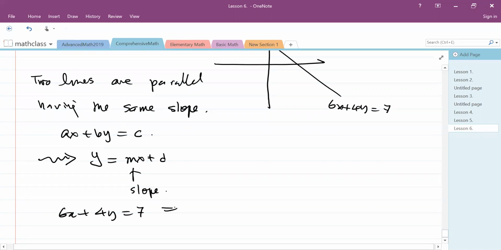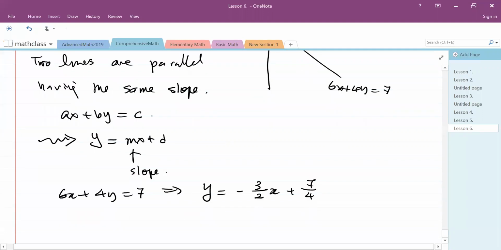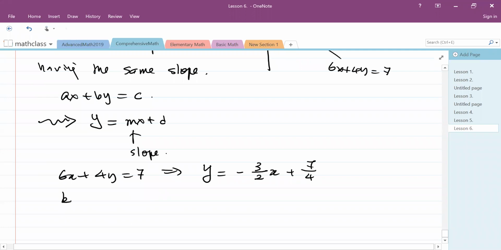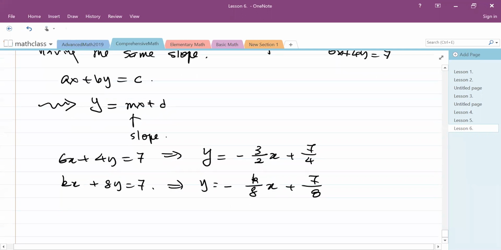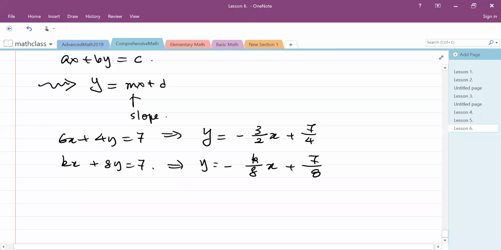If you solve that, it's going to be y equals negative 3 over 2 x plus 7 over 4. We don't need to care about this number. We also have kx plus 8y equals 7. That implies y equals negative k over 8 x plus 7 over 8. Those are two lines with a different y-intercept, and possibly a different slope.